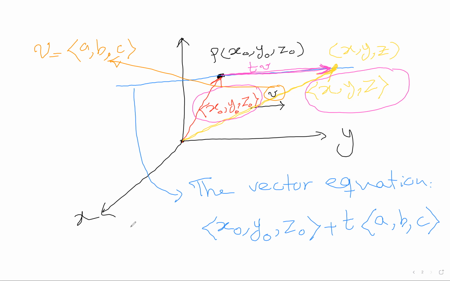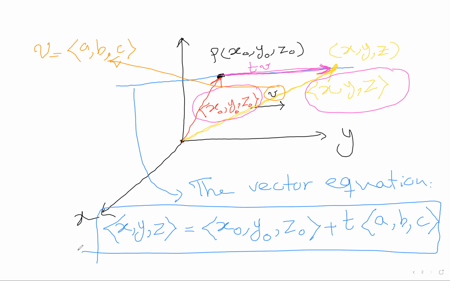Any point x, y, z that I look at as a vector connecting the origin to the point x, y, z is equal to the initial vector plus t times the vector a, b, c. Let me give an example.